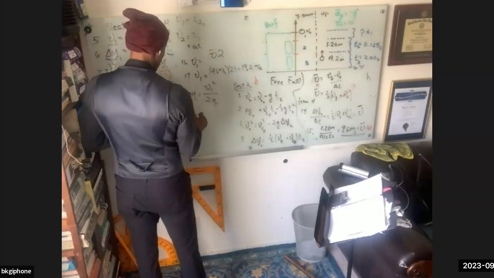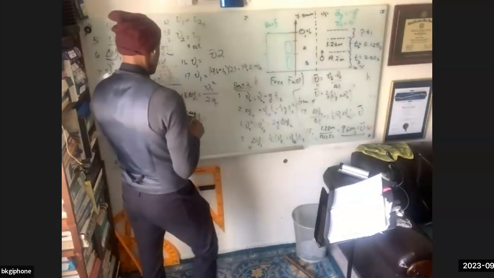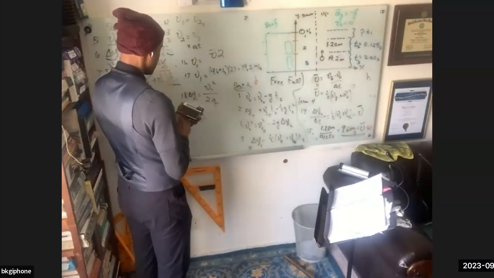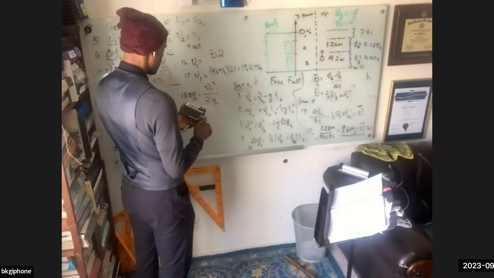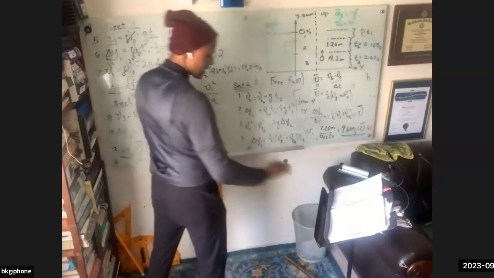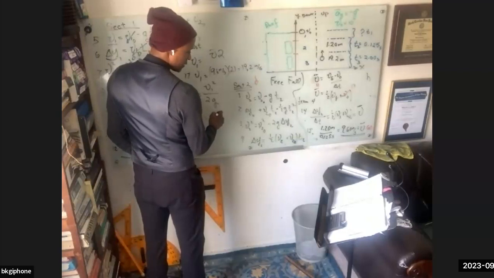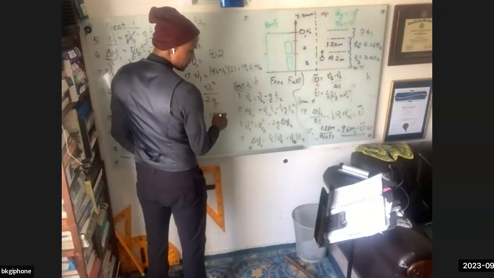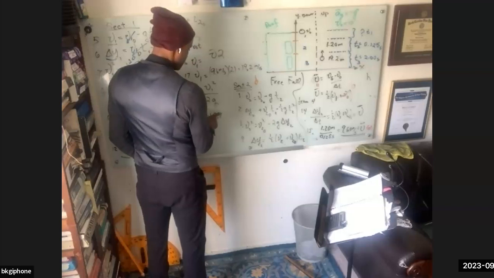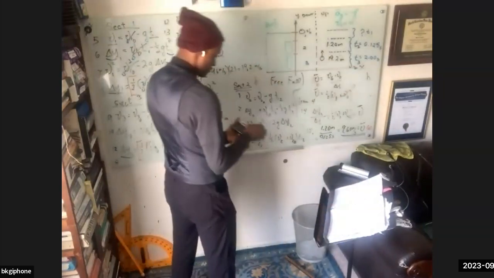So delta y1 is equal to 19.2 quantity squared divided by 9.81 divided by 2, which is 18.8 meters. Let's store this in register 2.